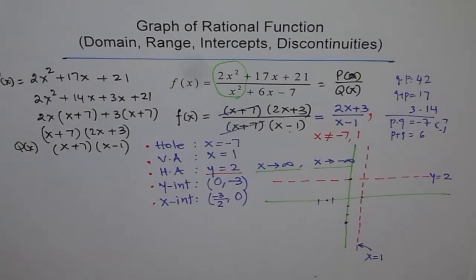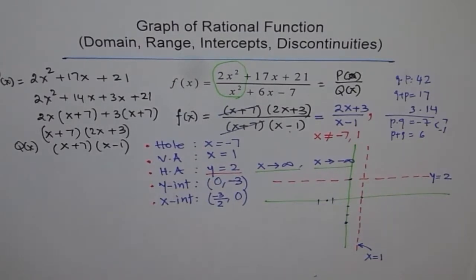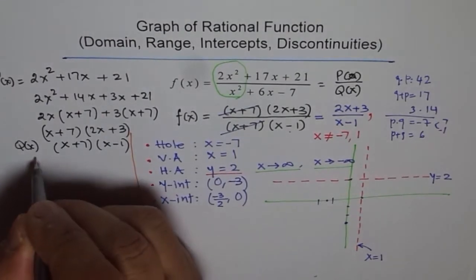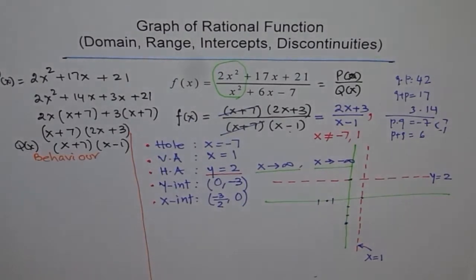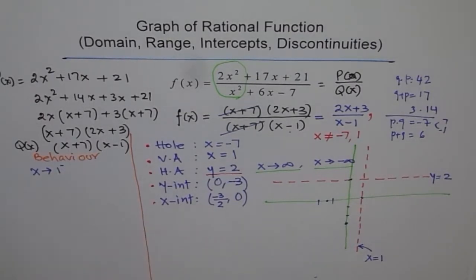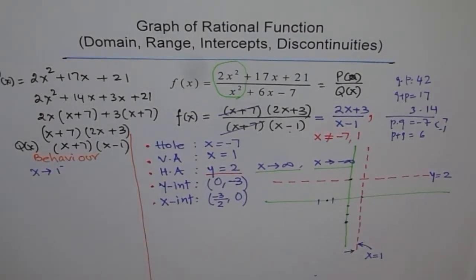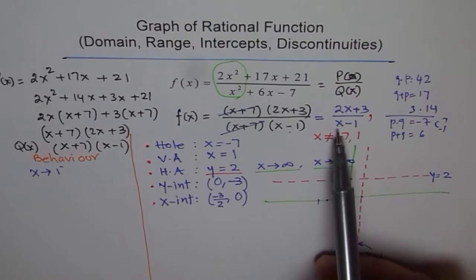Now when I say behavior near the asymptotes, what does it mean? Let me discuss this here for you. What I'm trying to discuss now is behavior near asymptotes, okay? We know that there are two asymptotes. The vertical one is x equals 1. Let's see what happens if x approaches 1 from the negative side. Negative side really means from this side. When x is approaching 1 from the left side of 1, you can take a value here like 0.9.